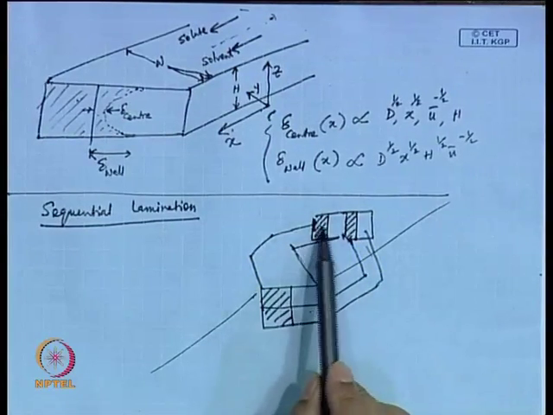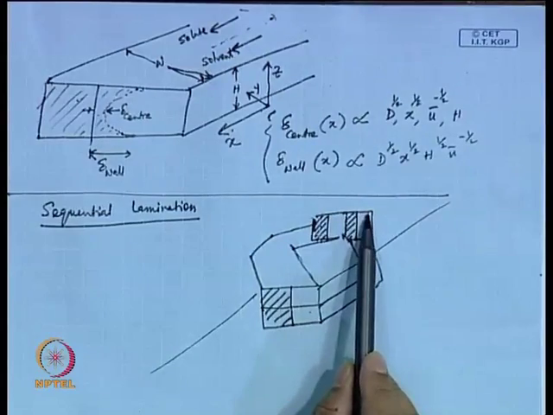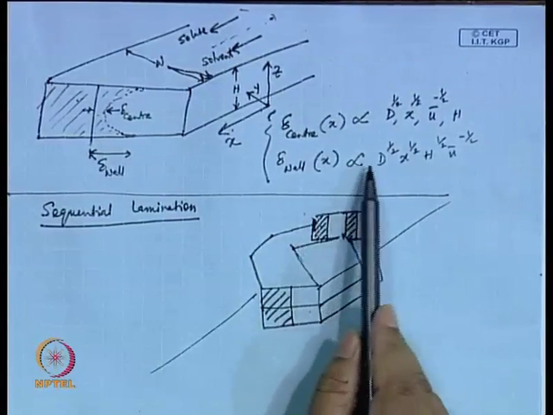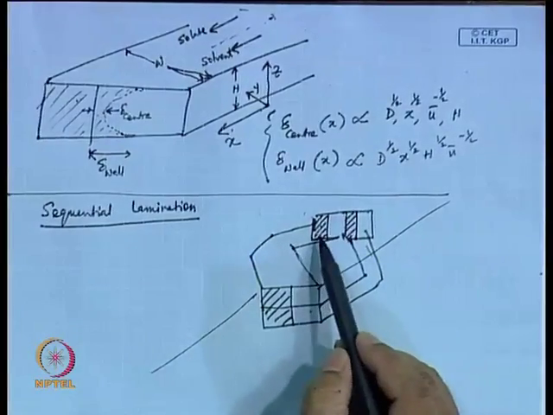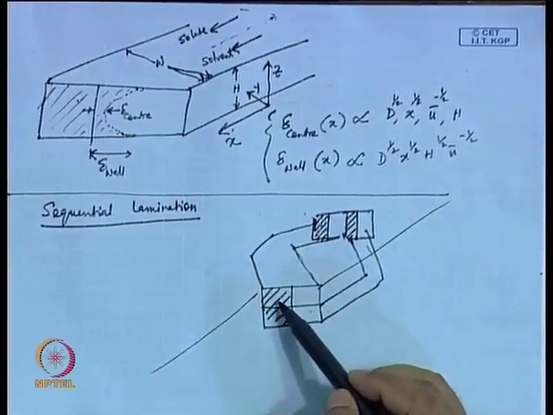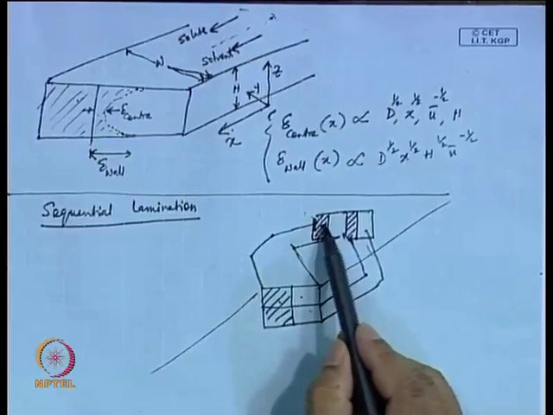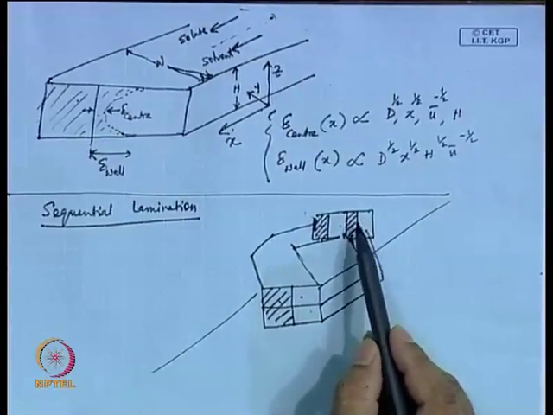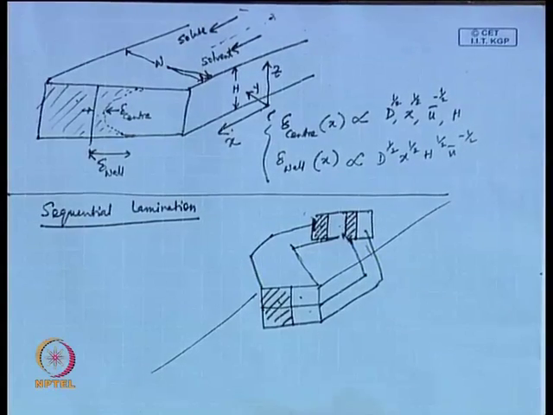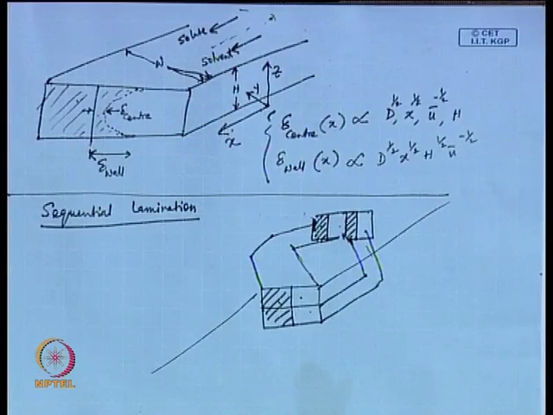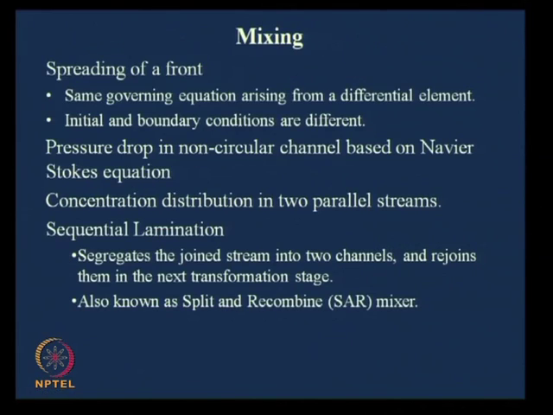So, that is the shape after delivery. Then you repeat the step, and this would be multiplied. Here one solute one solvent, here I have two solute and two solvent, and the same thing would be repeated down the line. Okay. This is called sequential lamination, also referred to as split and recombine mixer.